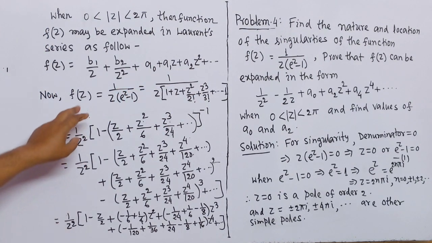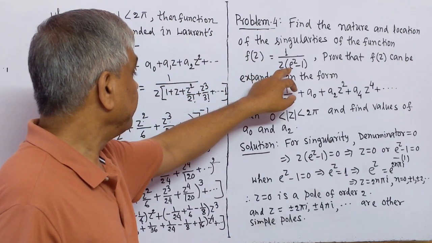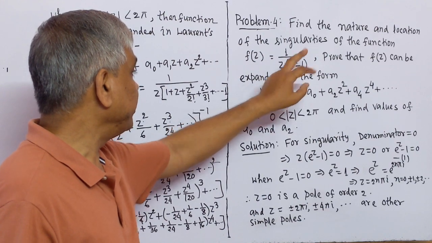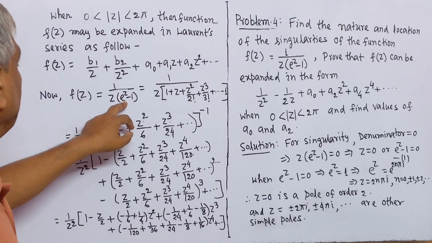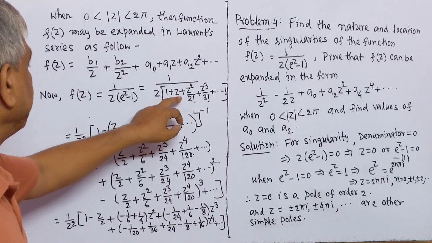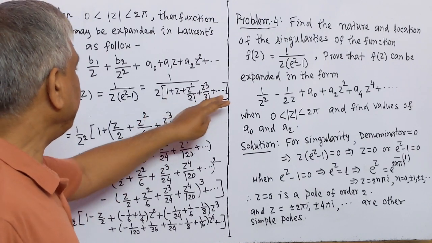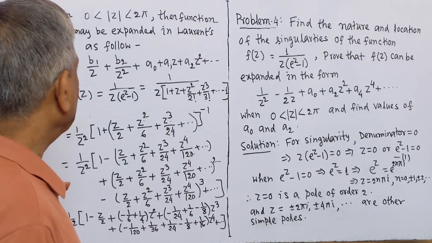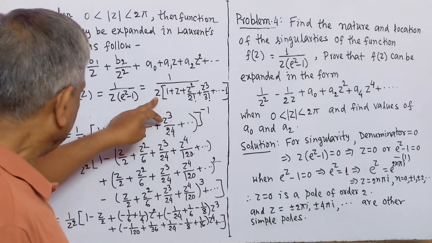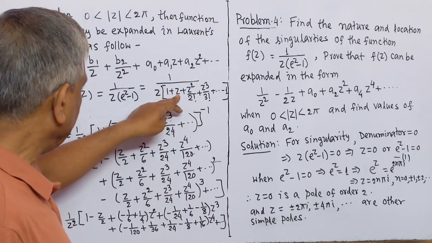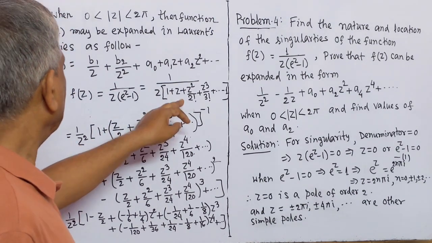Now, f(z) equal to 1 by z multiplied by (e to the power z minus 1). We put the value of e to the power z here and minus 1. Here 1 and minus 1 cancel out. So we take common z. Here we have already z, and taking common z it becomes z square.